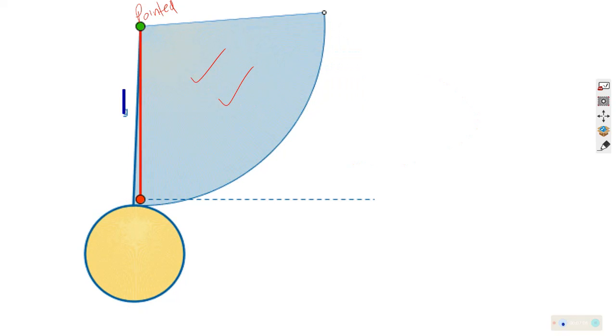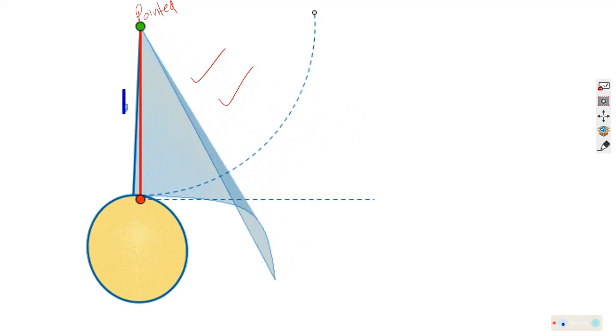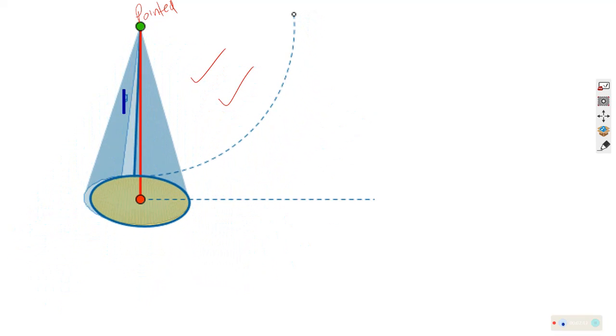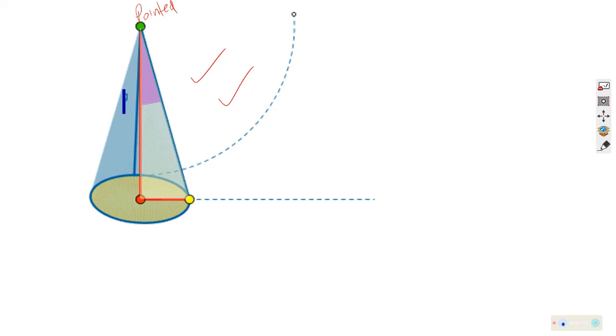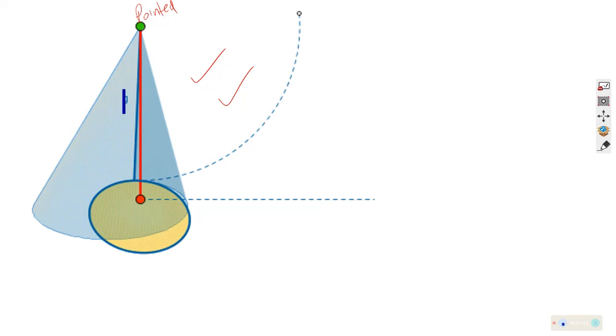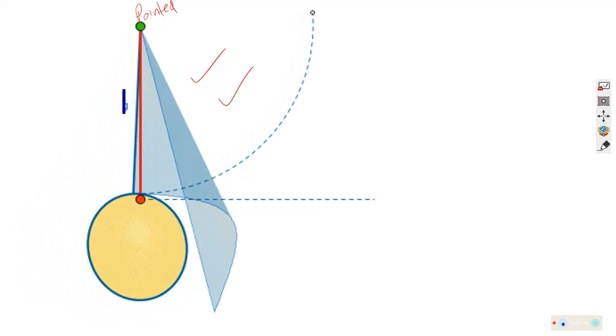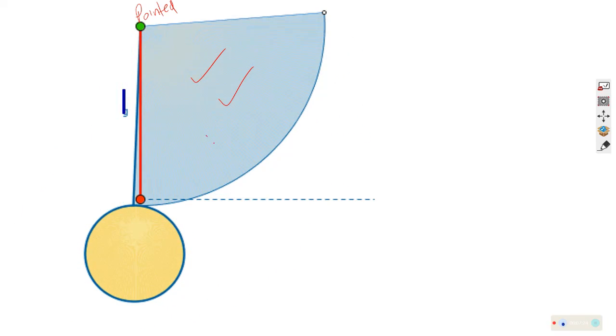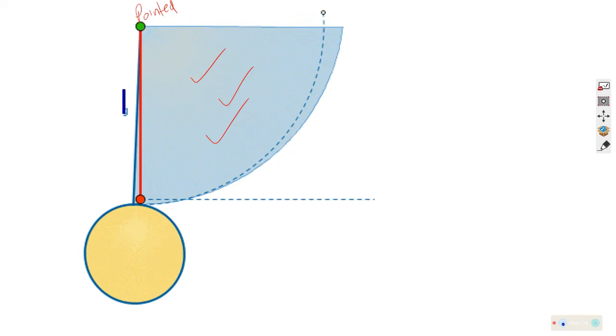A sector is a part of a circle. But for that we should know the central angle of that sector. Unfortunately every cone will have different angles, so we cannot use that. But it is a sector. So our attempt is to find out the area of this piece of curved surface area.